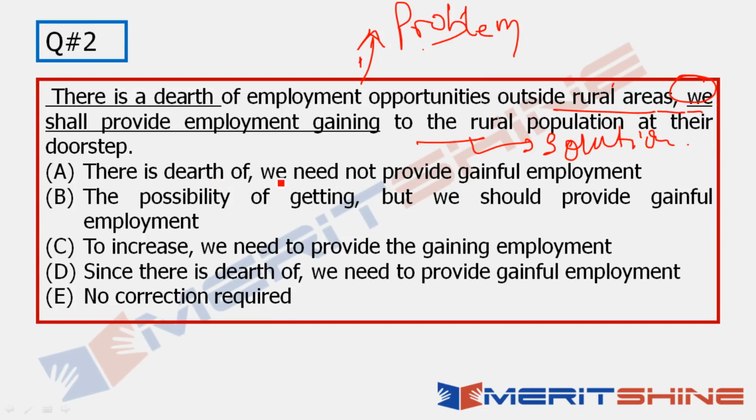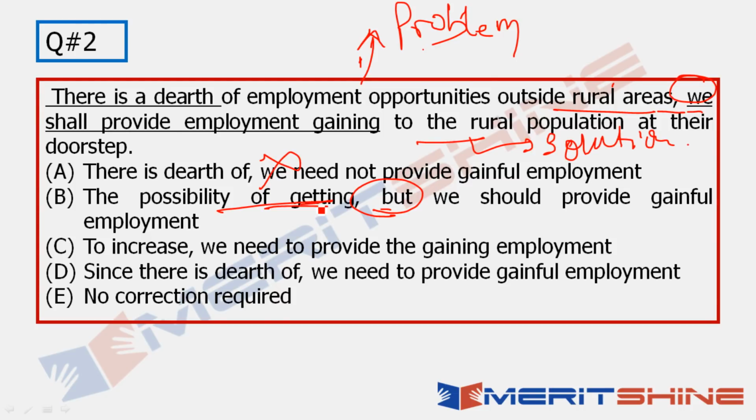There is dearth of, same thing, A is eliminated, no conjunction, there has to be a conjunction. So there is a conjunction here, but, right. So the possibility of getting of employment opportunity is itself grammatically wrong. Okay, it's not grammatically wrong per se.